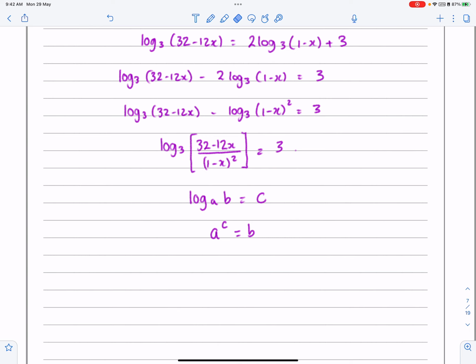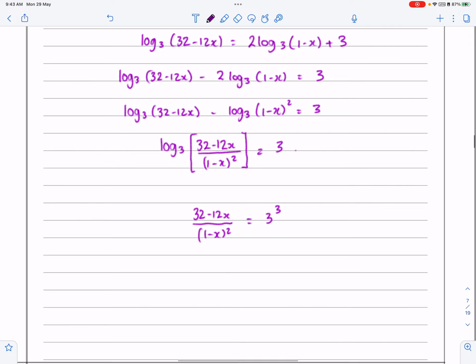And I'm now going to apply that to the equation that we've got above there. So I said that 32 minus 12x, all over 1 minus x all squared, is equal to this, the base, to the power of this. Well, actually it doesn't make any difference with this one because they're both 3s, but we still need to understand what we're doing, don't we?